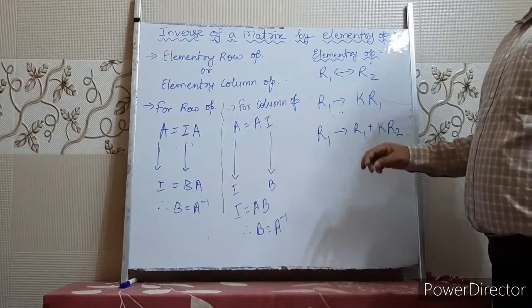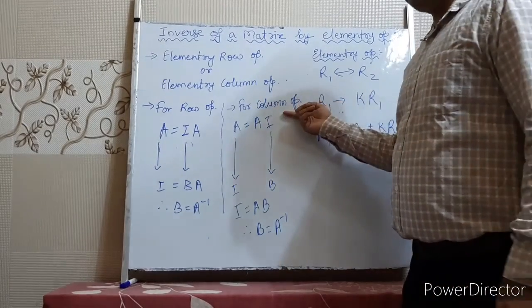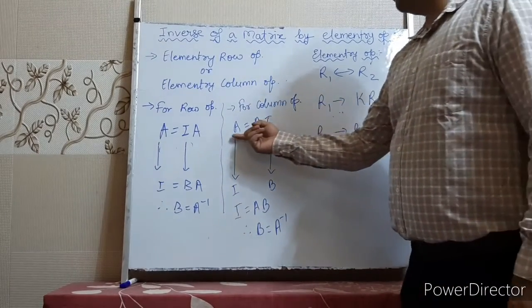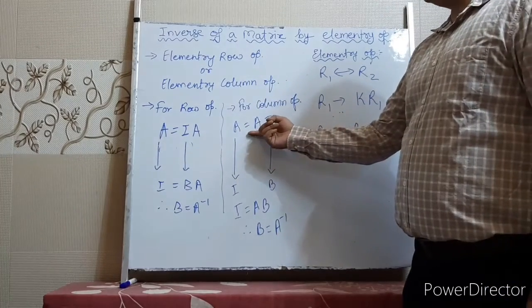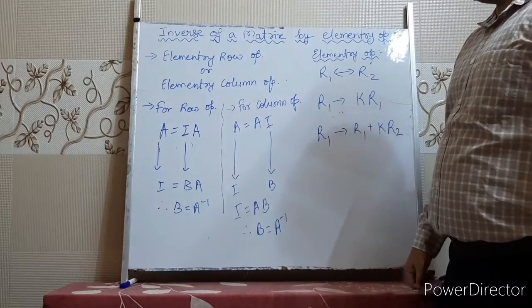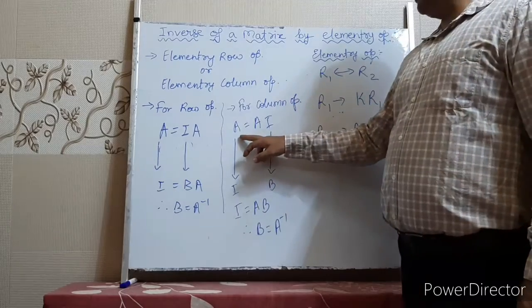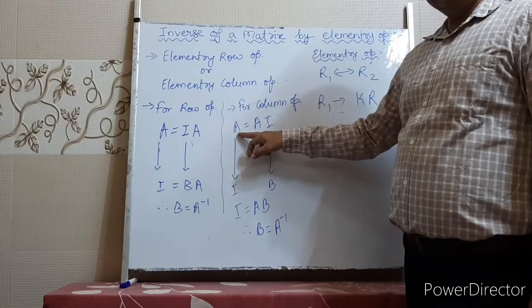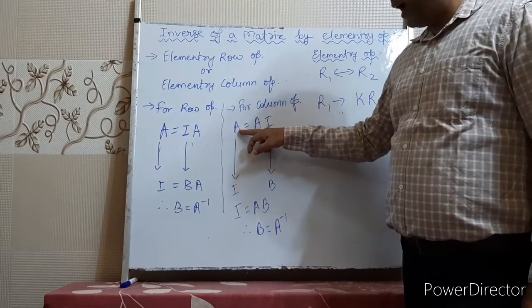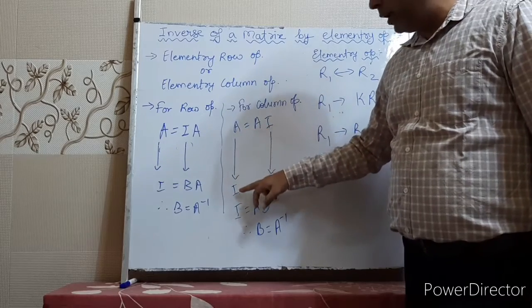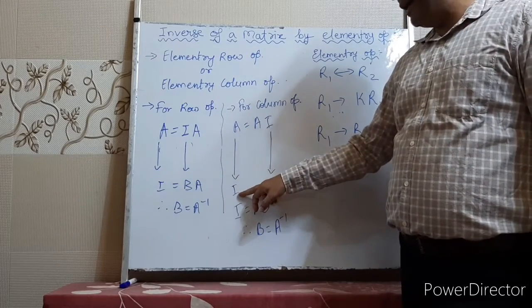Okay. And suppose we are applying elementary column operations, then for that we take the format A equals A into the identity matrix. We apply the elementary operations in the left A matrix and we try to convert this A matrix into the identity matrix.